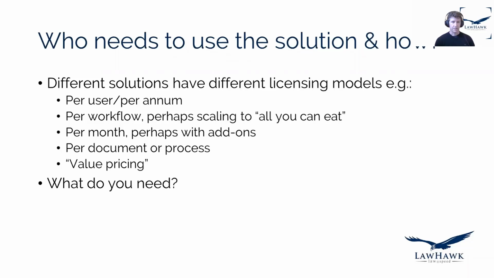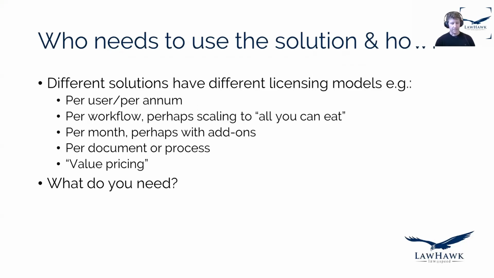So one common model that's still used is a per user per annum licensing model, where you actually have either a named set of users or potentially a number of users at a particular time. Some models run on more of a per workflow basis, where you pay for each workflow, and that might then get progressively cheaper as you add more and more workflows, and possibly even scale up to an all-you-can-eat type of approach where you're just paying one amount for unlimited usage.